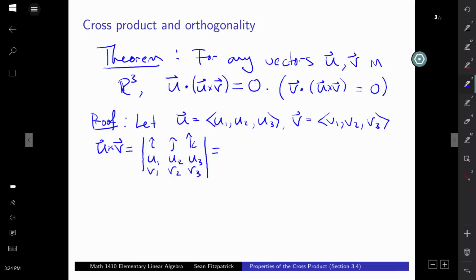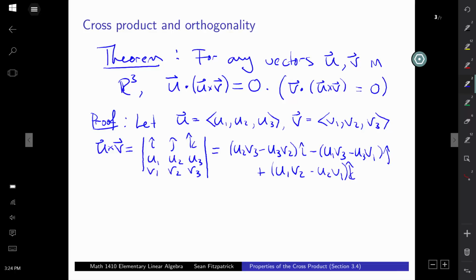Okay, so if we expand everything out, this is going to be u2 v3 minus u3 v2 times i, minus u1 v3 minus u3 v1 times j, plus u1 v2 minus u2 v1 times k. So how do we do the dot product?